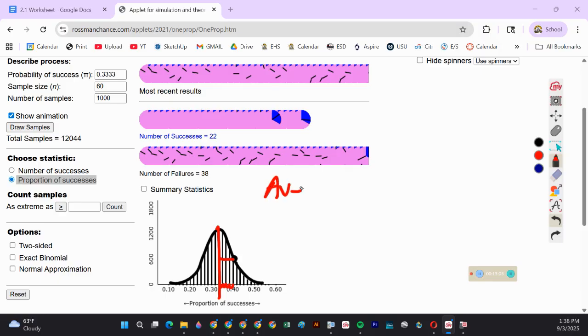So my average is about 34%, and my standard deviation is about 10%. Oh, wait, was it 4 or 5? 1, 2, 3, 4, 5. Sorry, 8. So it's about 8%. Okay? What does that mean? What does 8% mean?